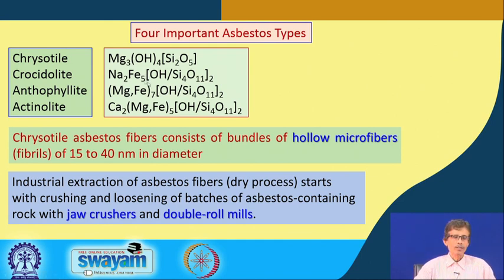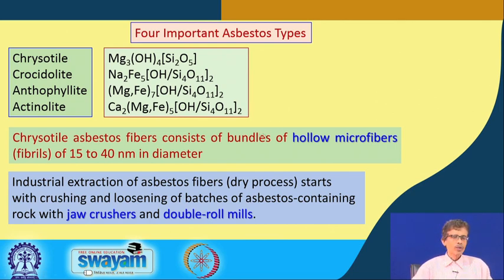Then crocidolite is the corresponding one where you have iron. You do not have any magnesium, you have sodium and iron along with a huge silicate structure. So, all these materials are a very complex silicate structure. So, basically these are silicate materials, and we are still continuing with those silicate materials, very useful for different purposes.